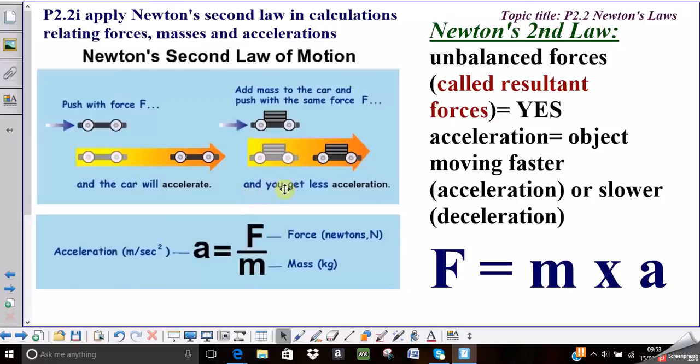That means you get less acceleration. If you look at the formula, we just readjusted F equals ma. We're looking for a, which means m goes as a division below the force. So if the force stays the same and the m is increasing, that means the acceleration of the object will decrease.